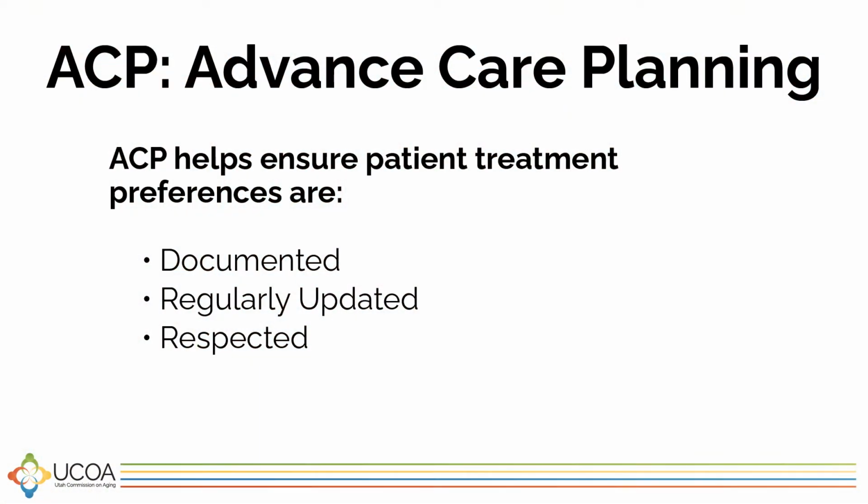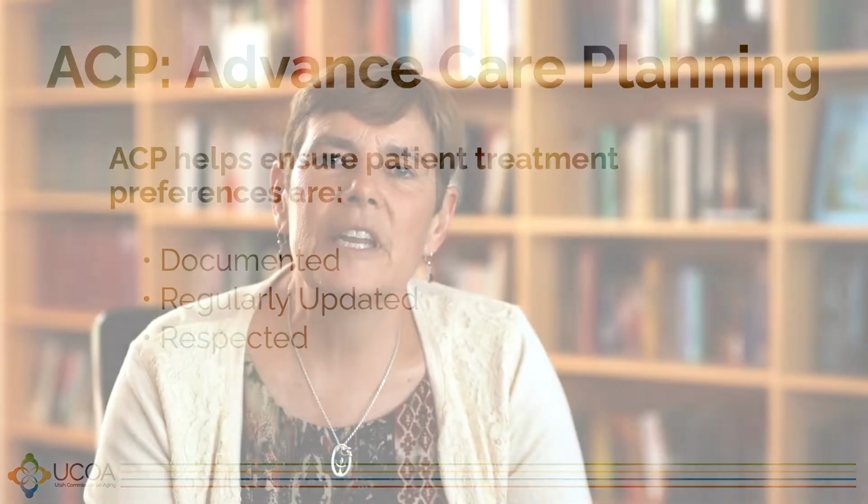Advanced care planning, also known as ACP, is important because it can document their medical wishes. They need to be regularly updated, and then we also need to respect them. There are many people who have never completed an advanced directive, also known as a living will.